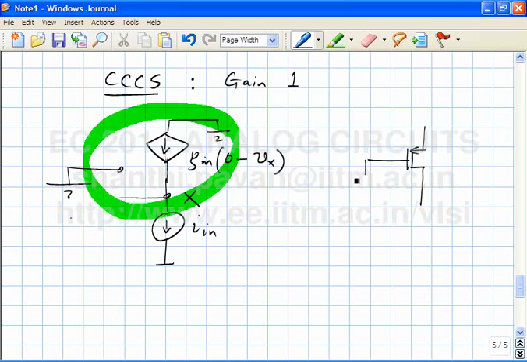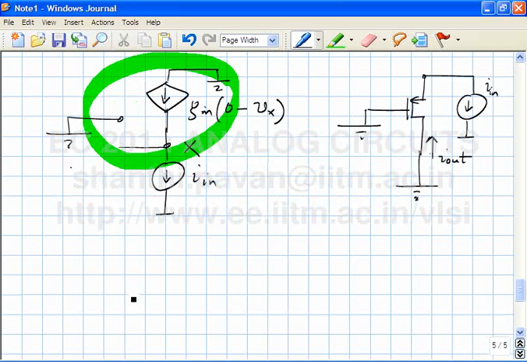The gate is grounded. Very good. X corresponds to which terminal of the MOS transistor? The source. So incrementally this must be IN.